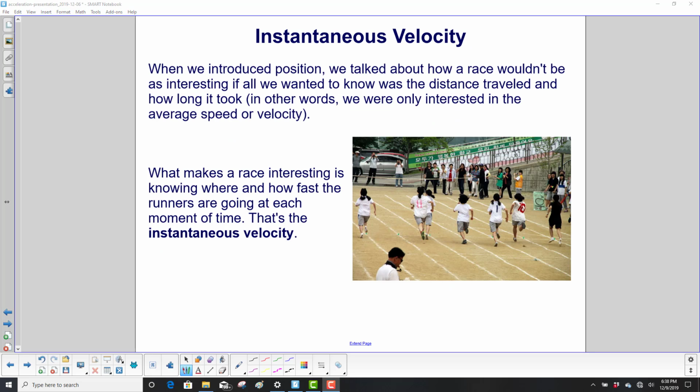When we introduced position in the last unit, we talked about how a race wouldn't be as interesting if all we wanted to know was how far somebody went, the distance traveled, and how long it took. In other words, we were only interested in the average speed or velocity, not very interested. What makes a race interesting is knowing where and how fast the runners are going at each moment of time. That's the instantaneous velocity.